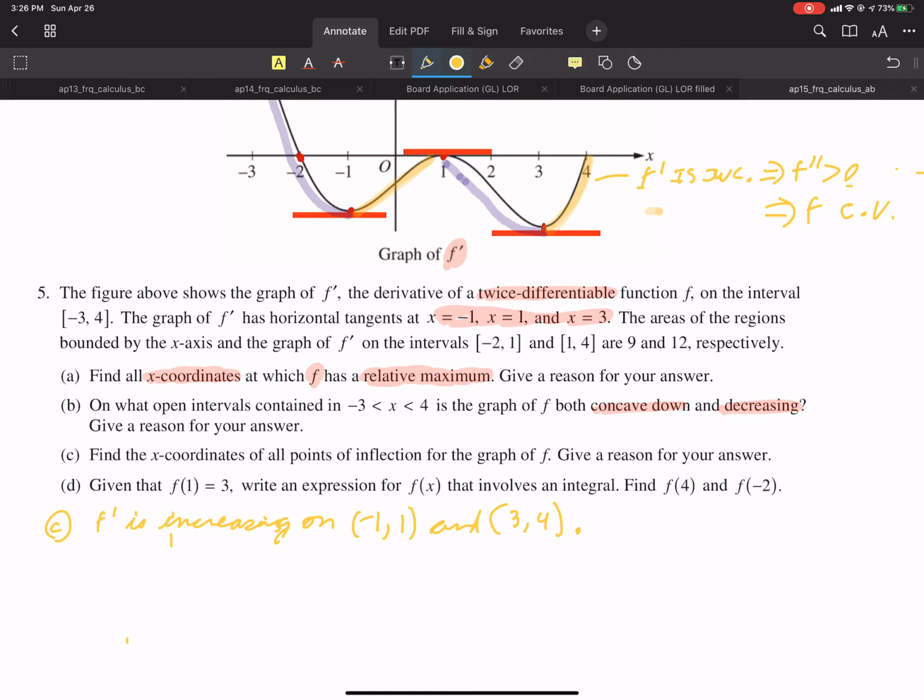Therefore, because of that, f double prime is positive on those intervals. Therefore, f is concave up on those intervals.